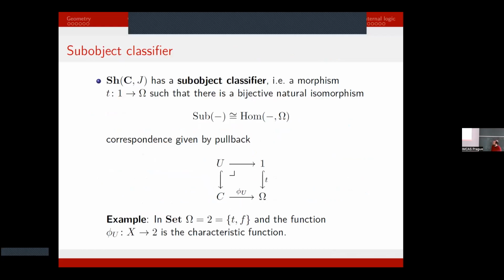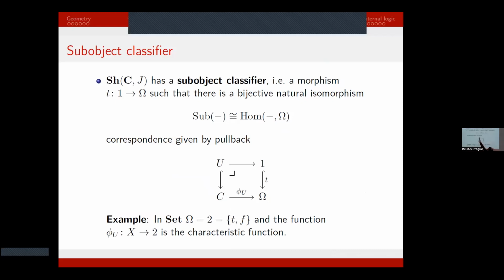And now there is one of the main properties of toposes, topoi, which is the existence of a subobject classifier. What is it? It's a morphism, T, and we'll later see why it's called T, not by chance. T from 1 to omega. So in a sense, it's a point of omega, and omega is an object of the category. What is this object? It's an object that represents the functor of subobjects. How?